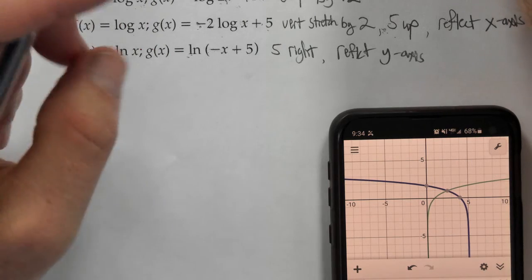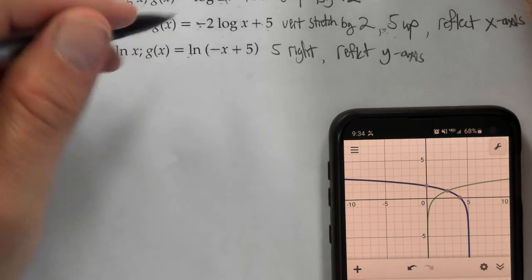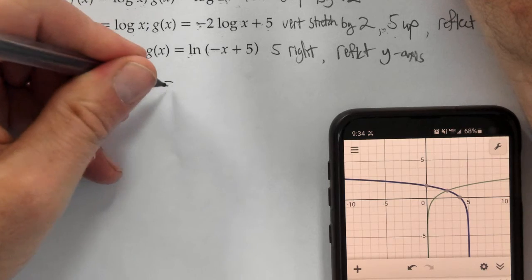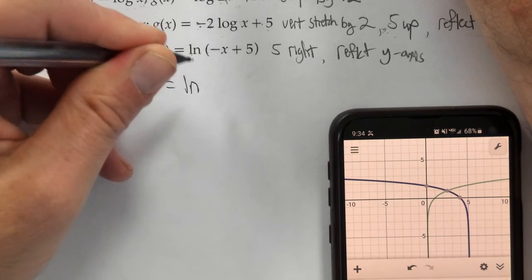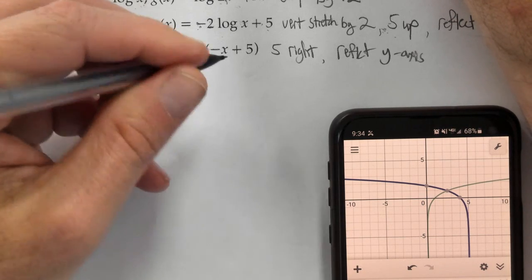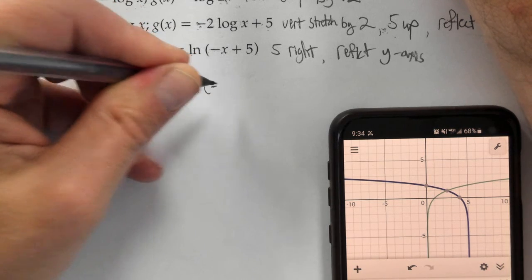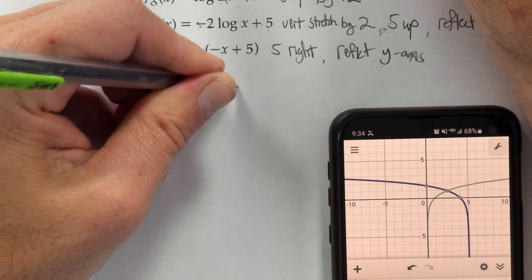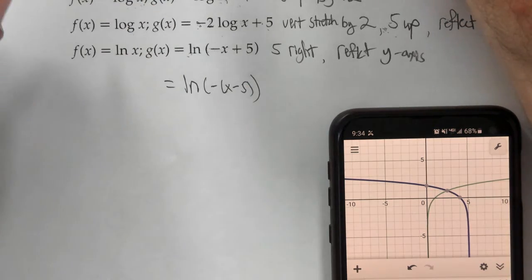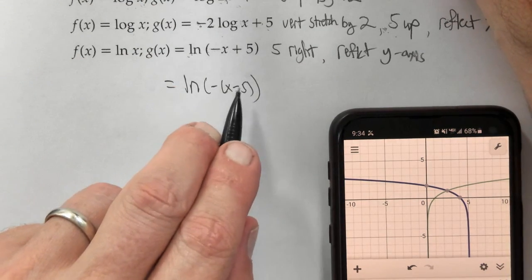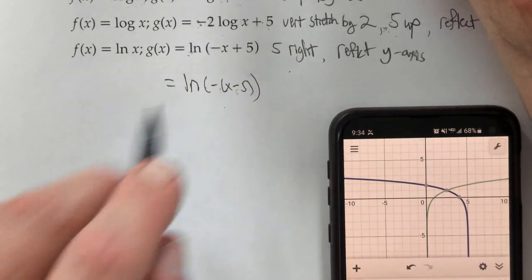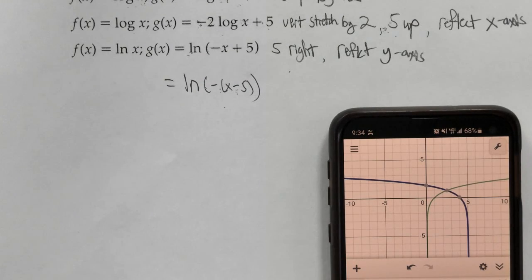And also, by the way, remember what we said? If you want to think about this as the natural log, have this rewritten as negative x minus 5, then you can kind of see where that movement to the right comes from. When it's disguised like that and you rewrite it, you're able to see it. All right? Okay, so that's it.